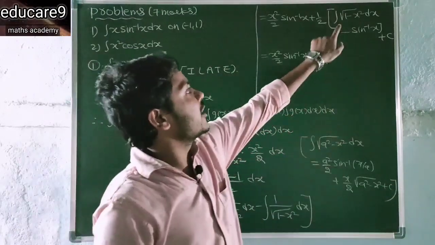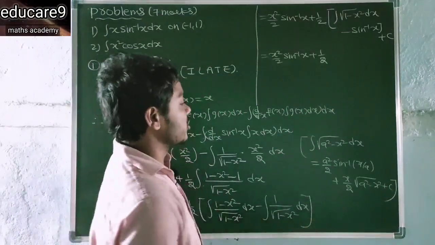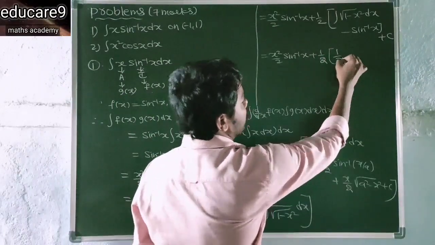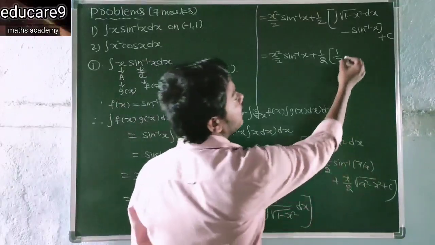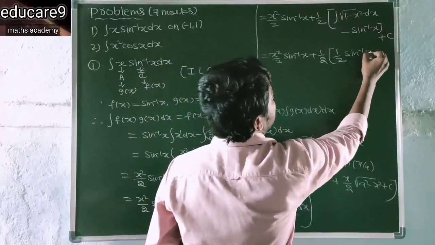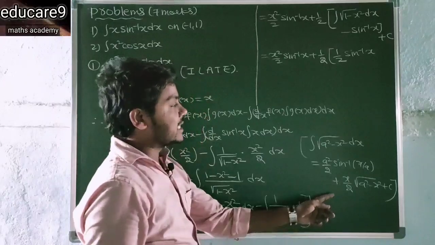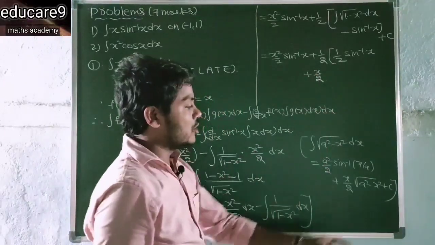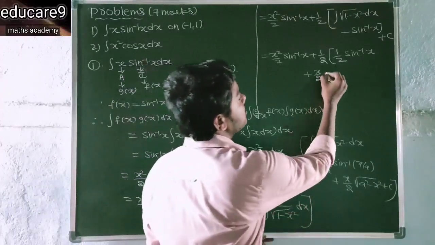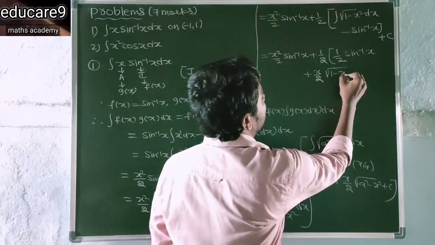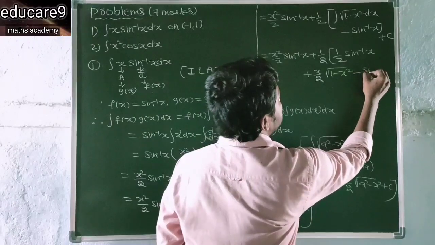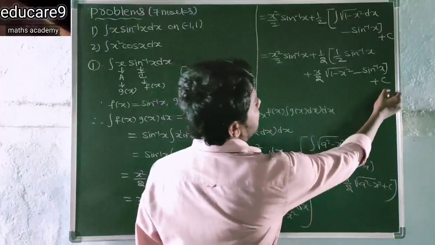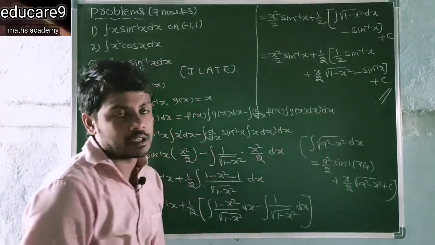But here in place of a, 1 is there. So substitute here, what you get, a square by 2, that is 1 by 2, sin inverse x by a, that is sin inverse x, plus x by 2 square root of a square minus x square, that is square root of 1 minus x square, minus sin inverse x plus c. So this is the required answer.